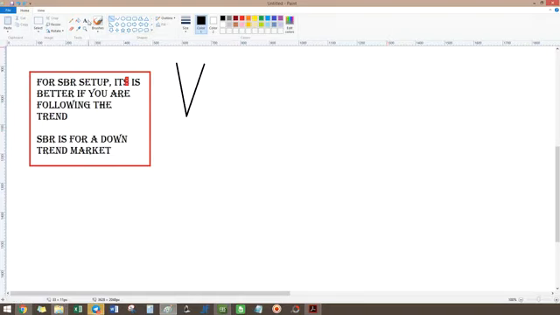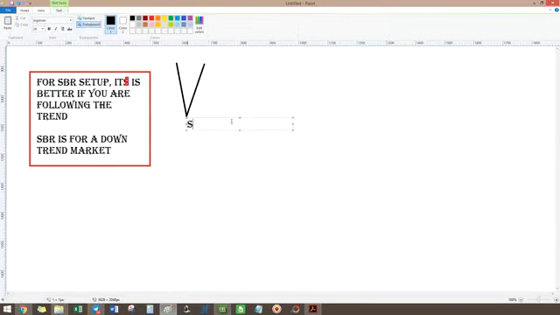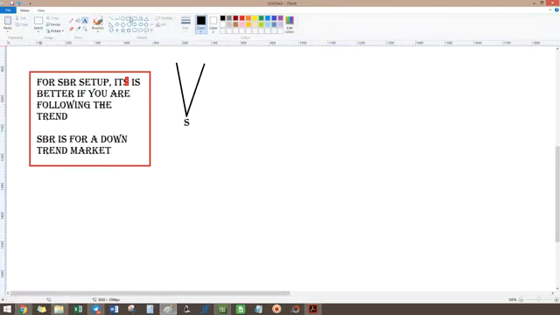First you have a support, S, support or resistance. On the break of this, you will have the level here. For the flag, first it must engulf the support.